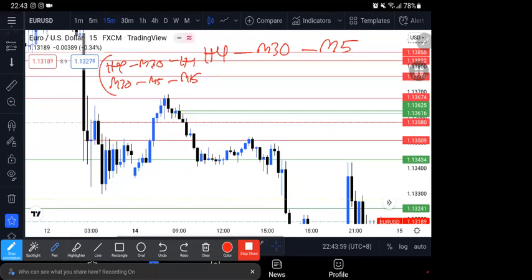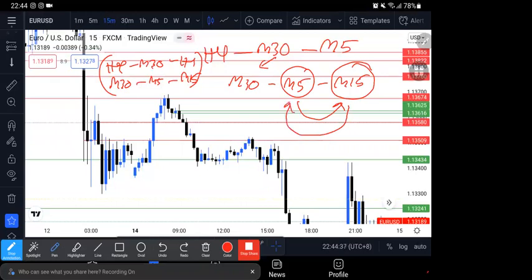So this should be no problem. So we are at this area now at the M30. So at M30, direction, M5 setup, M15 bias. So every time the bias is broken, the M5 breaks the M15, we are going to find the M5 key level to re-entry.